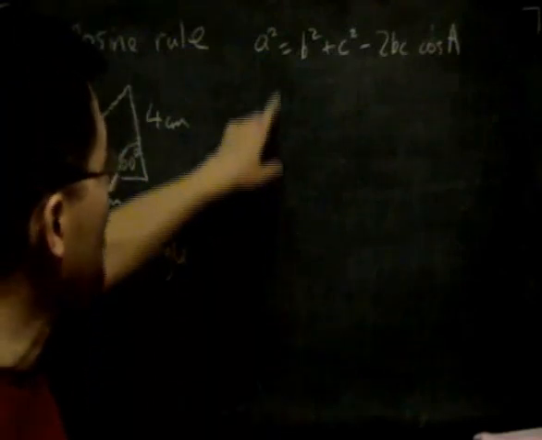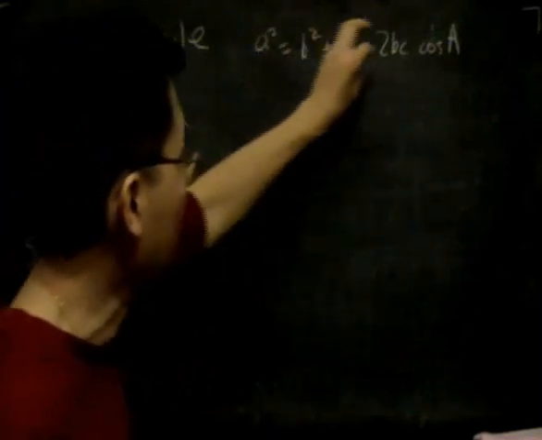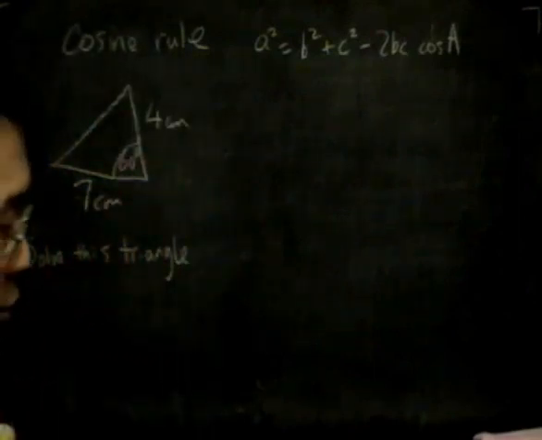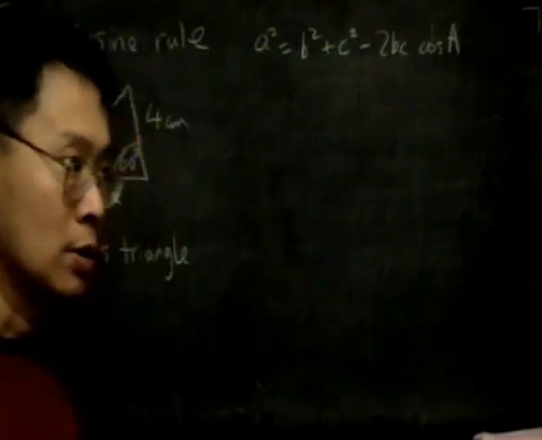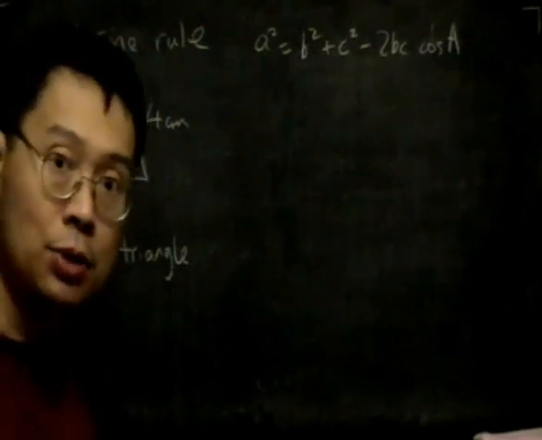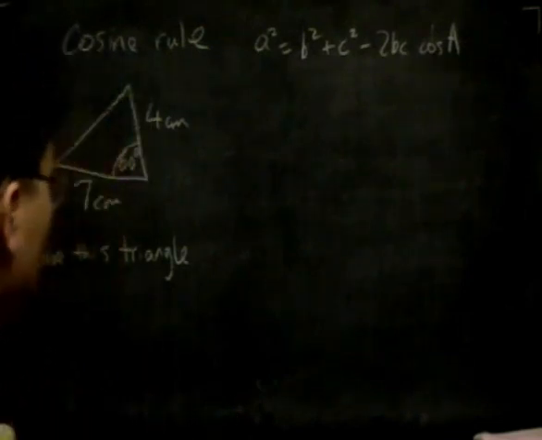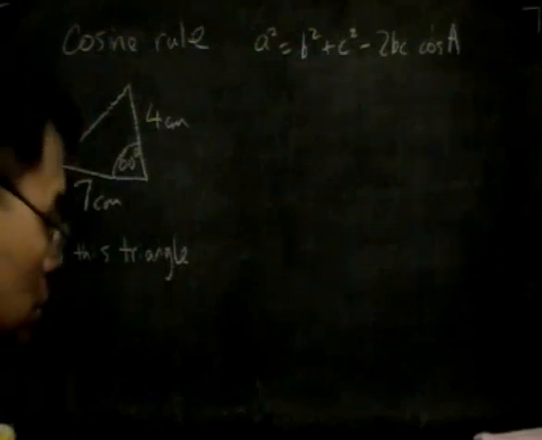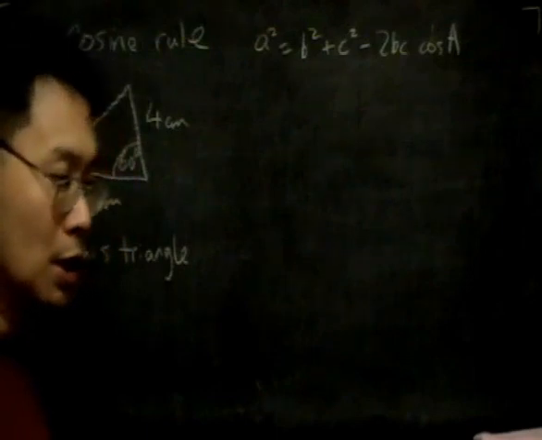It doesn't have the square, and it doesn't have so many terms in the equation. So if possible, the first step will be to try using the sine rule and see whether it is possible.